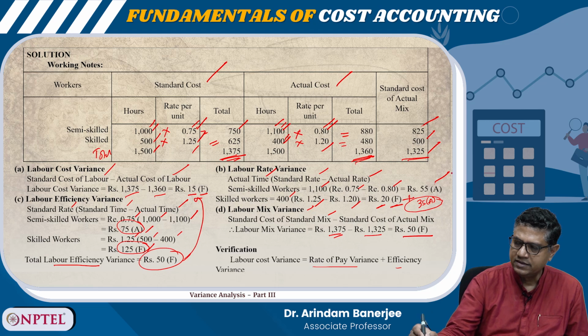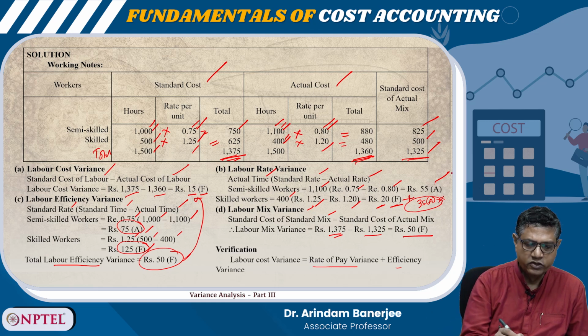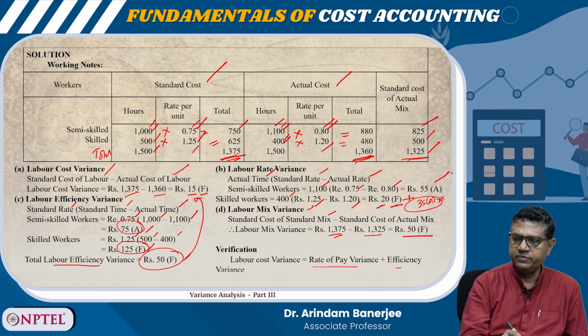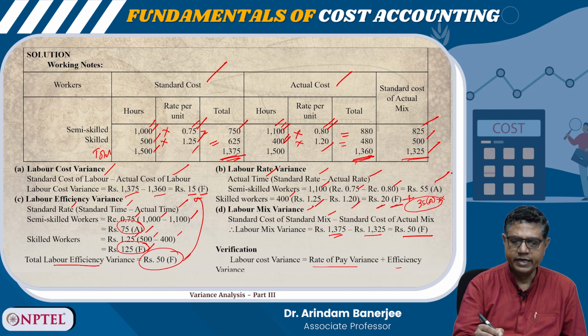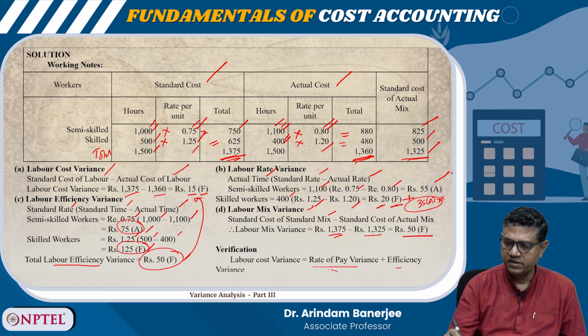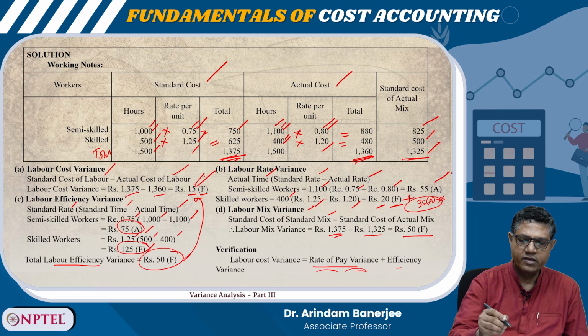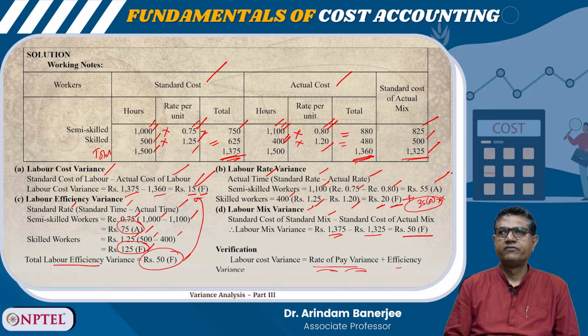Labor efficiency variance plus labor rate variance should be equal to labor cost variance. So here it is 50 minus 35, so it is 15, it is okay, so it is verified. Okay, thank you.